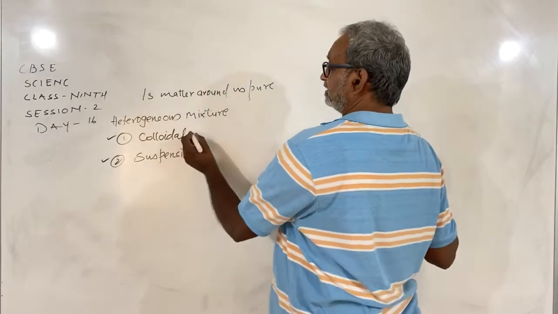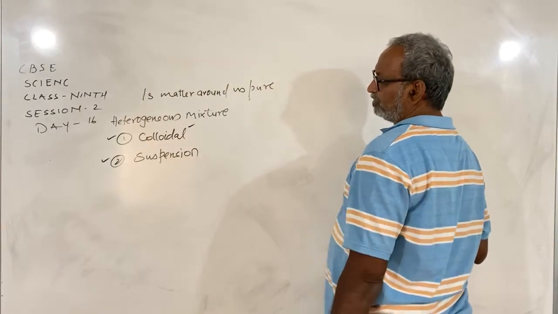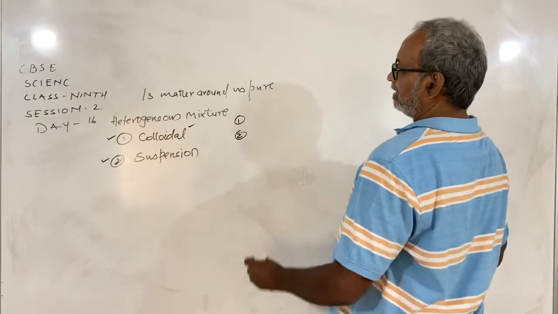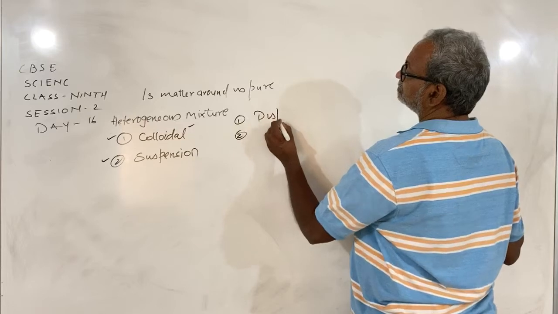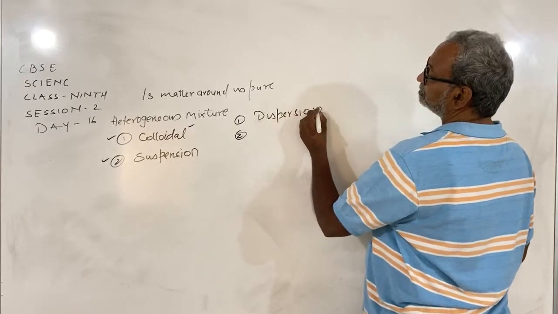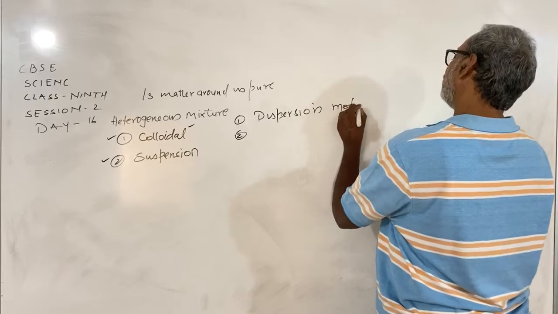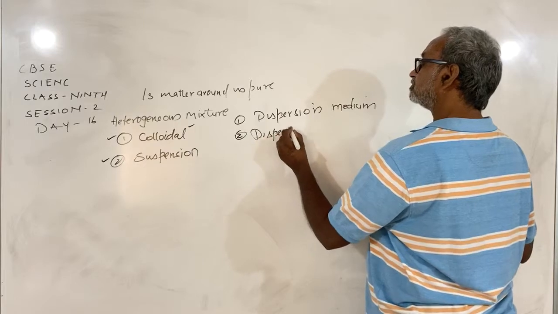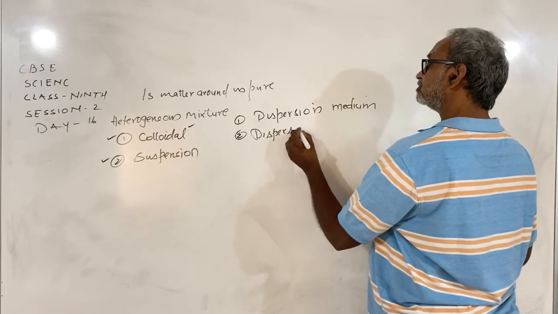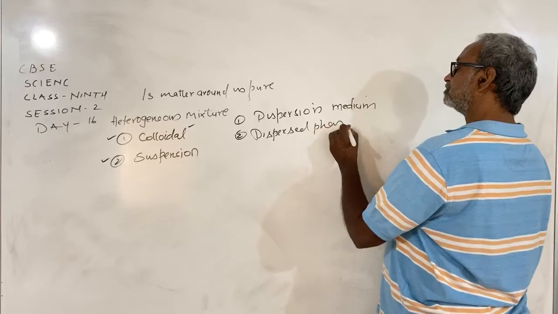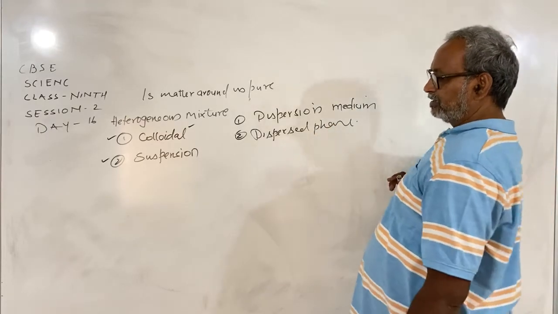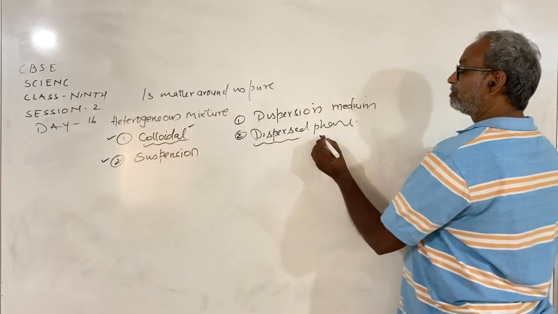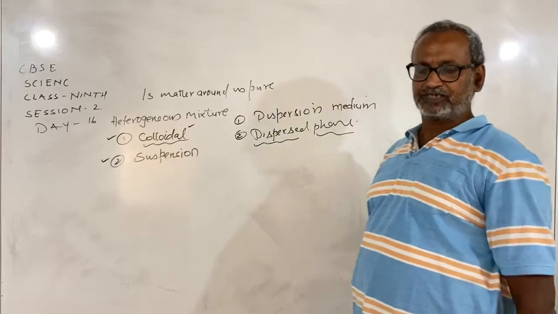A colloidal is a heterogeneous mixture which consists of two components: a dispersion medium and a dispersed phase. A colloidal is classified on the basis of particle size of the dispersed phase.